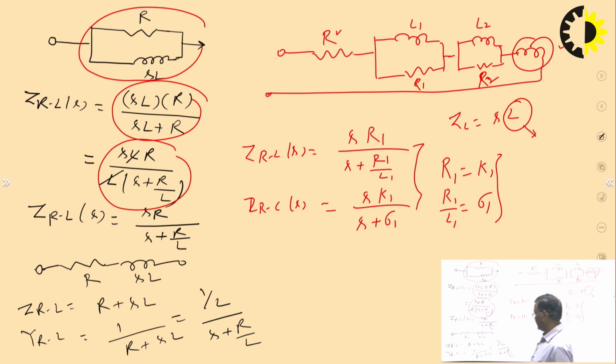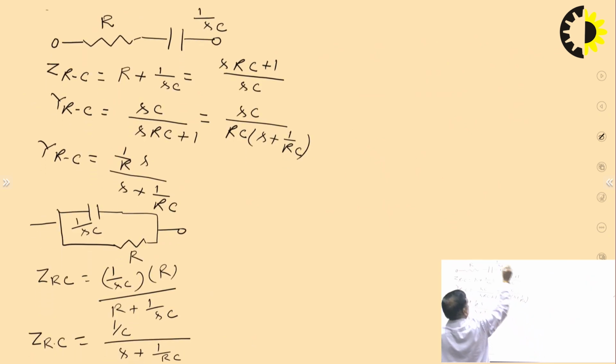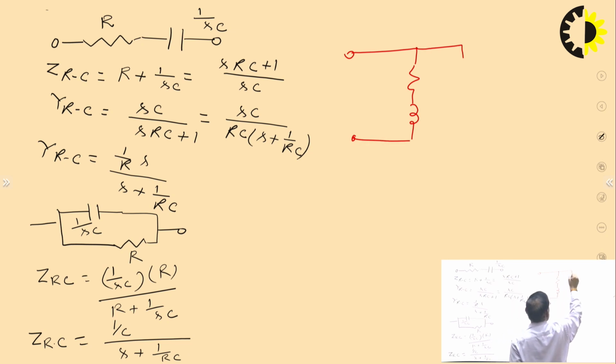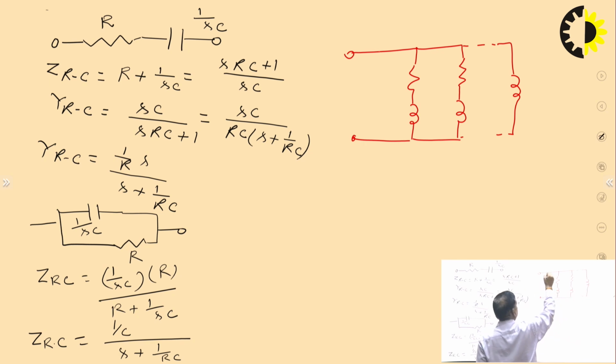Similarly, if you are going for the Foster second, the general representation of Foster second is like this. This is the parallel combination of series networks.